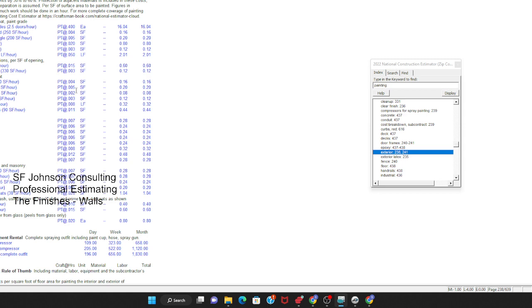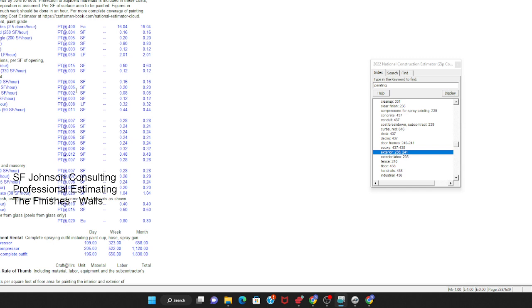So keep that in mind. And they assume that you can do the ceiling 250 square feet. And this is based on industry standards, right? This is construction industry standards for painting. And so that labor, keep it, write it down, look at it, keep it forever.